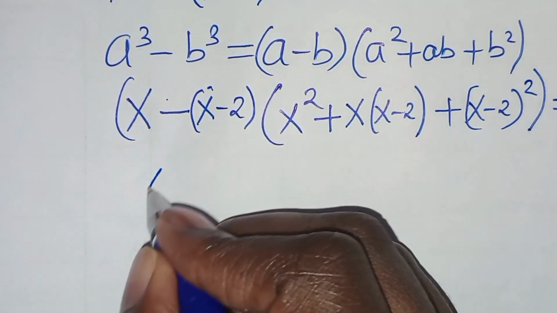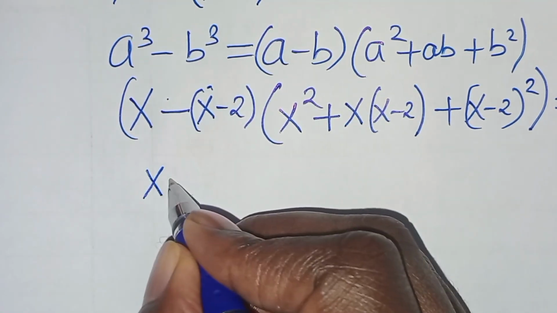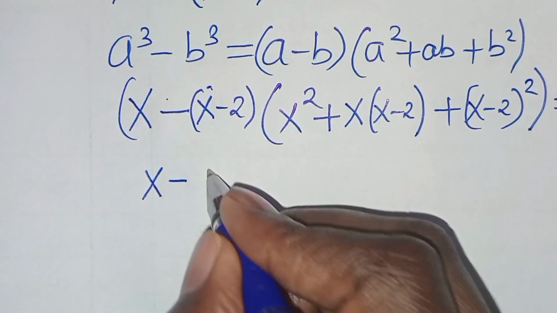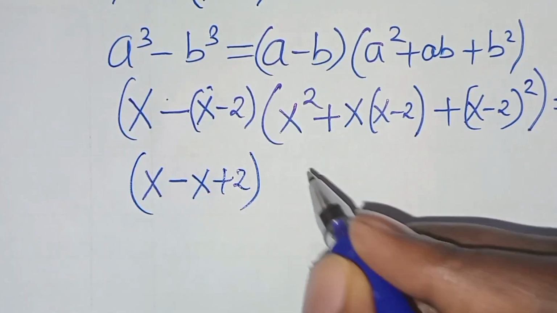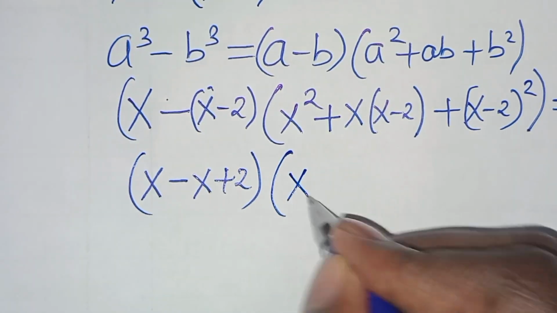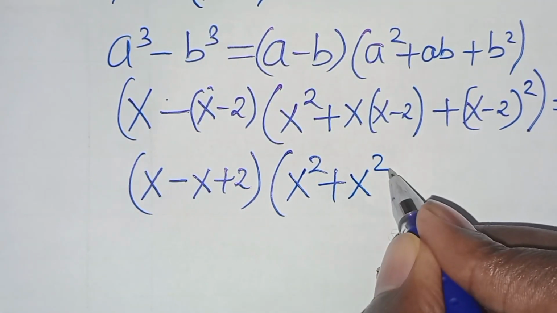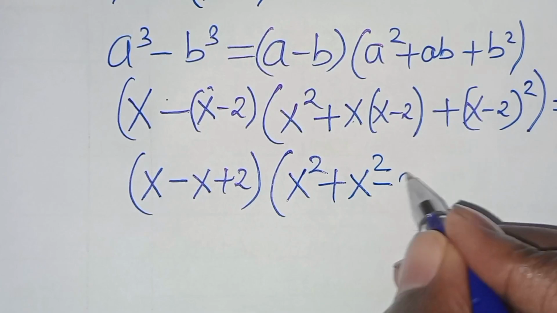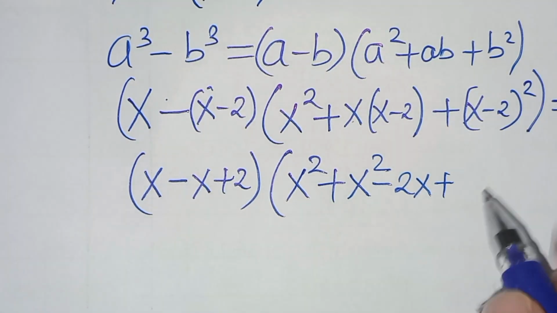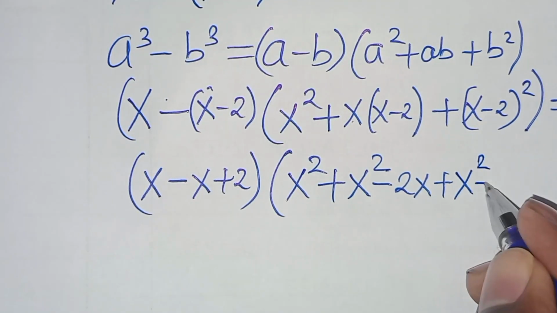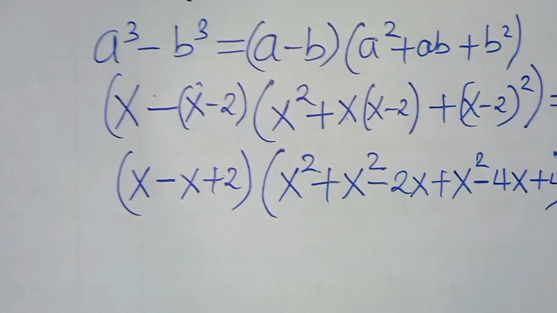Now, here we have x minus x, then plus 2. Then here we'll have x squared plus x times x, this is x squared, x times minus 2, this is minus 2x, then plus x minus 2 squared, which is x squared minus 4x, then plus 4, close the bracket here.